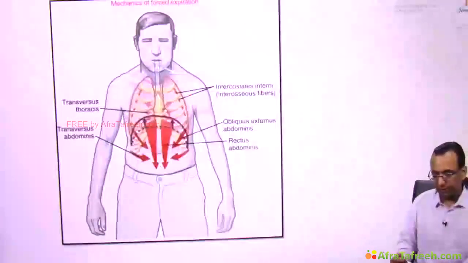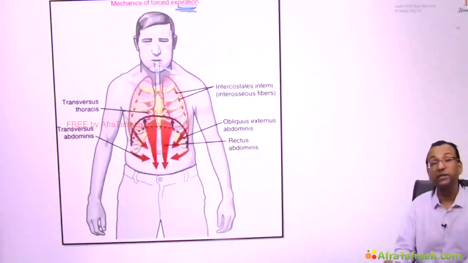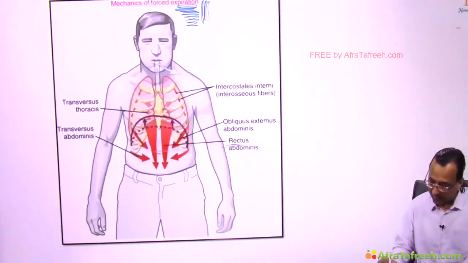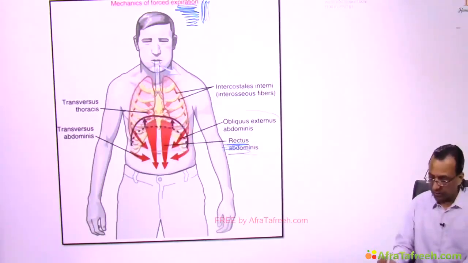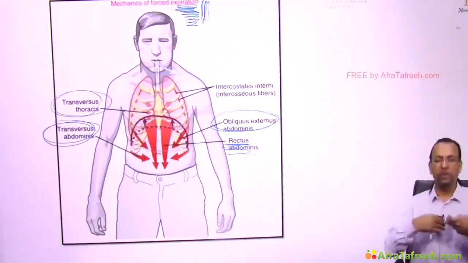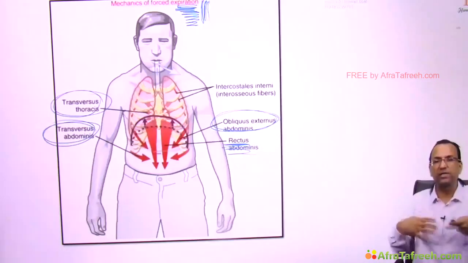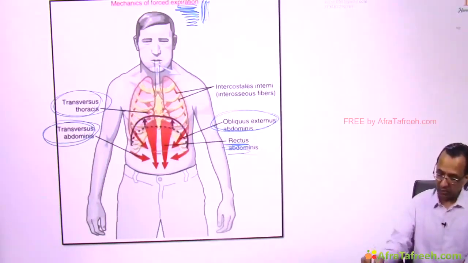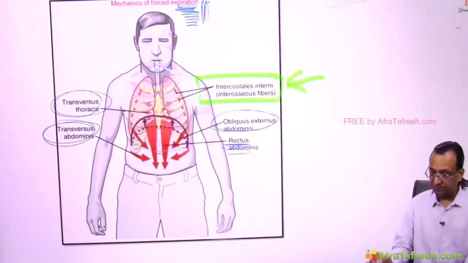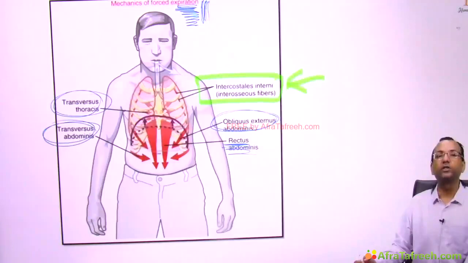Then who is doing expiration? Expiration is a passive movement done by elastic recoil of the lung, but you can use anterior abdominals like rectus abdominis, external oblique, and transversus abdominis. Transversus thoracis is actually in the thorax region and it can help you compress the chest cavity. And the muscle you were talking about earlier is the internal intercostal.